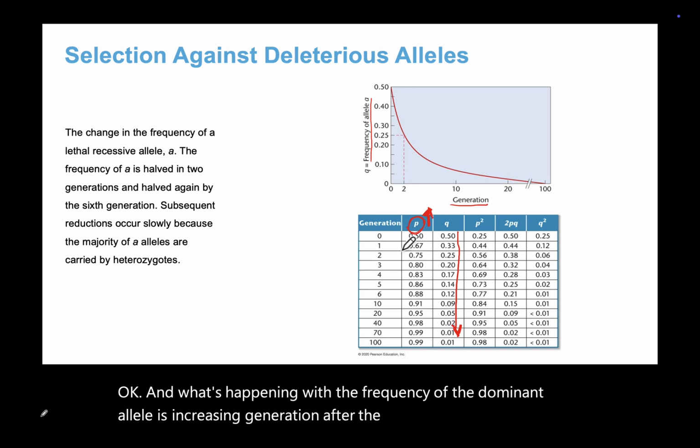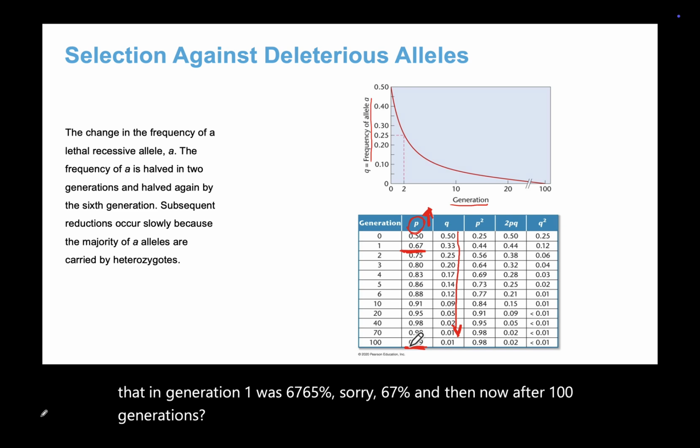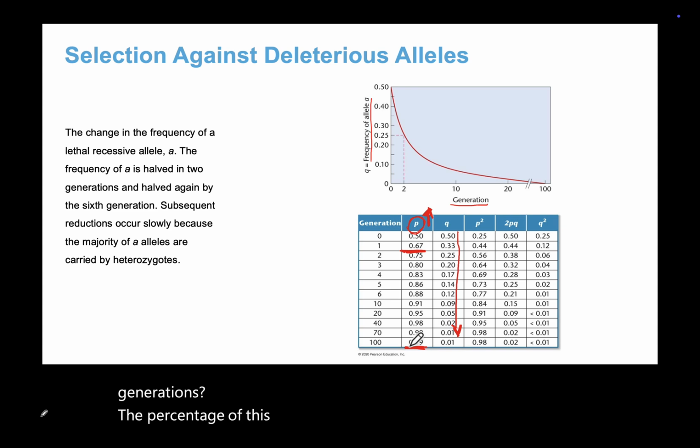So you see here that in generation 1 it was 67%, and then after 100 generations, the percentage of this allele increased by almost 100%.